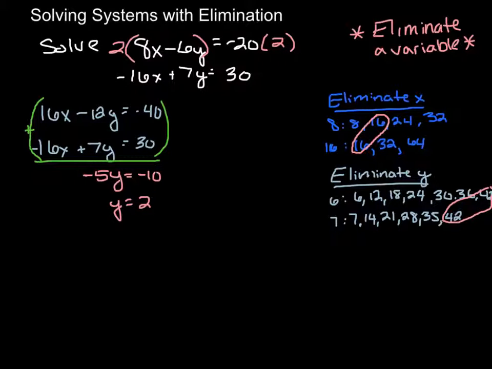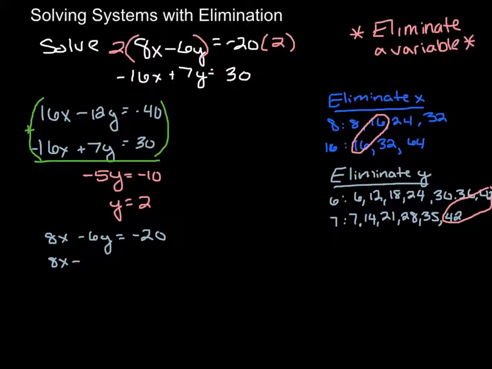Now I'm going to take this value for y and plug it into one of these equations. I could plug it into any one of these equations, really. I'm just going to choose this first equation because I think that looks most appealing. So we have 8x minus 6y equals negative 20.